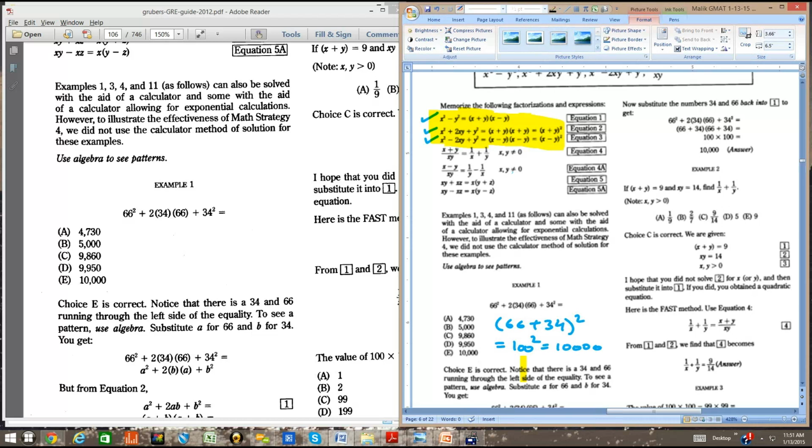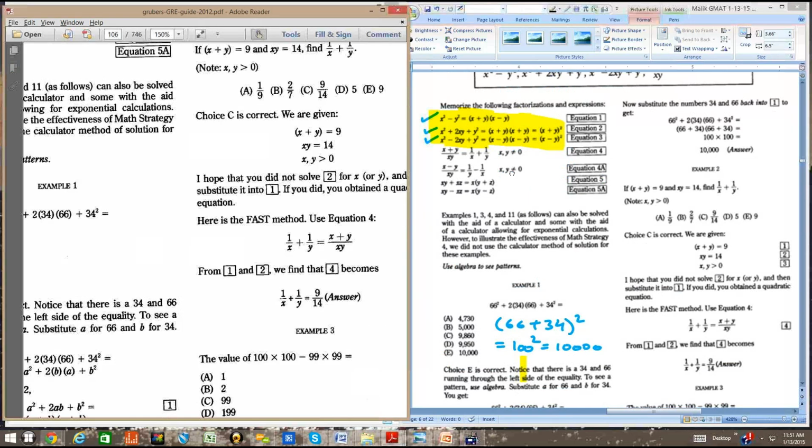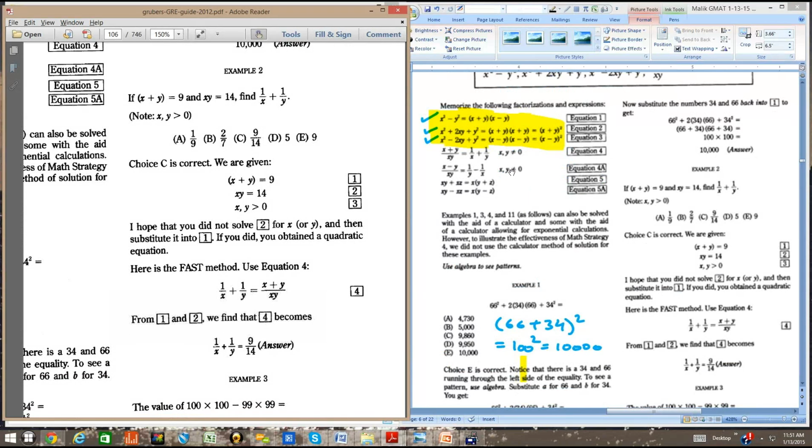You could have done this whole thing in your head. Make sense? I definitely have to memorize those. Yeah, these three formulas are very important.